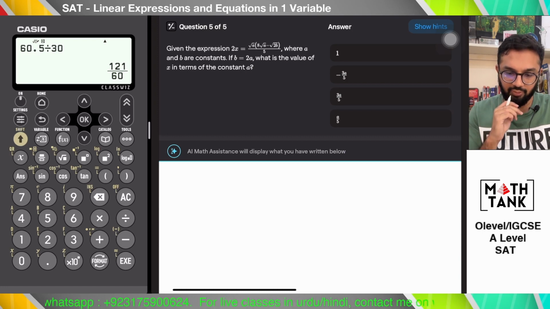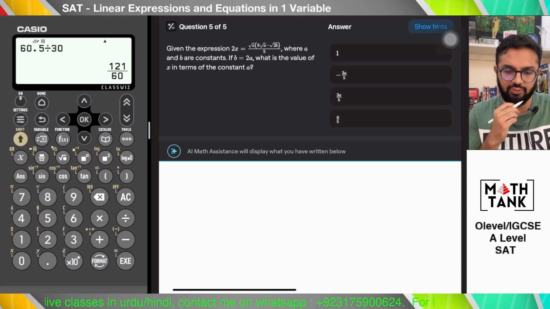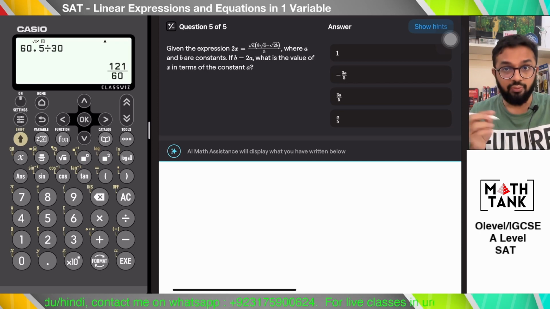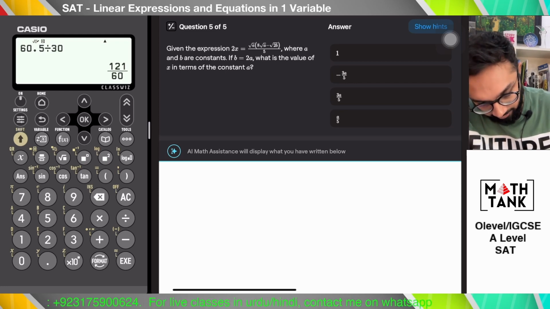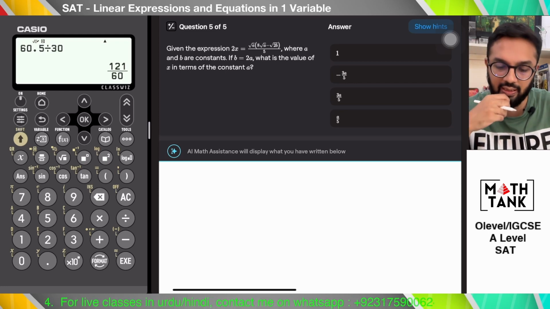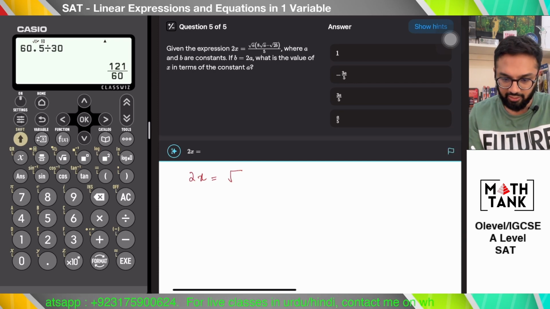It says, given the expression 2x equals this, it's a complicated expression where a and b are constants, if b equals 2a. So I'm going to immediately use that and plug that into my expression and see if I get the correct answer. What is the value of x in terms of the constant a? So 2x, I can't solve this on a calculator now.